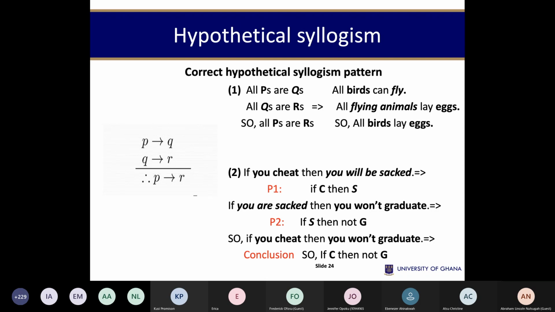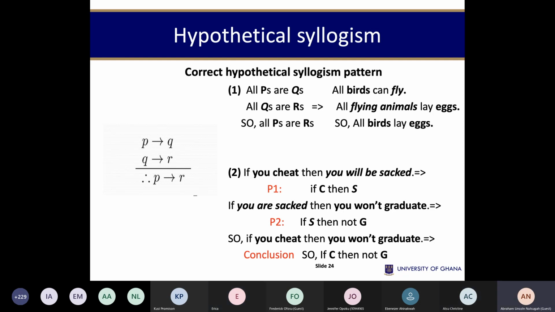Because it seems like the conditional statement pattern goes the way the hypothetical syllogism does. If you look at all the syllogisms that we've done so far, they are all written in conditional forms. The formulas for all of them are different, but they are conditional statements.